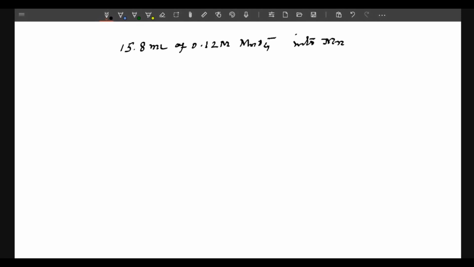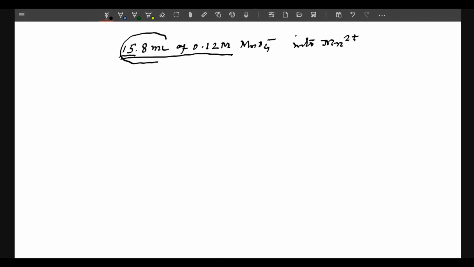The last problem was given in terms of gram, therefore you convert the gram into mole, but here you are given a volume containing 0.12 molar permanganate. From this volume of the solution, how many moles of permanganate does it contain? You have to find out.